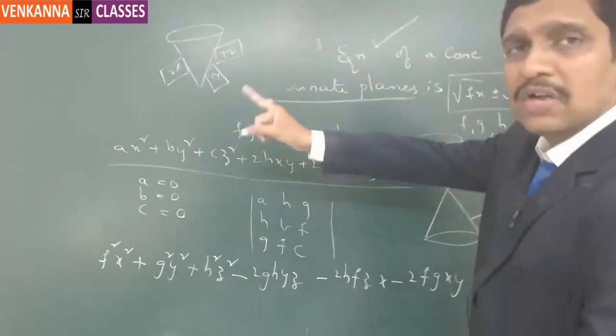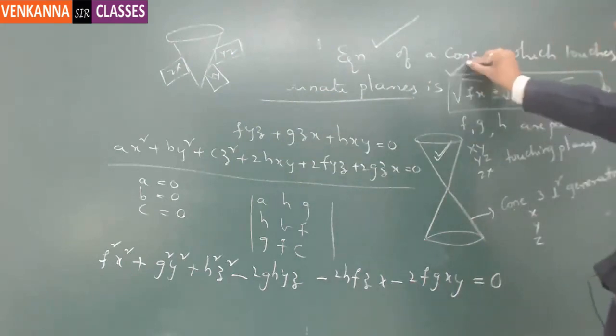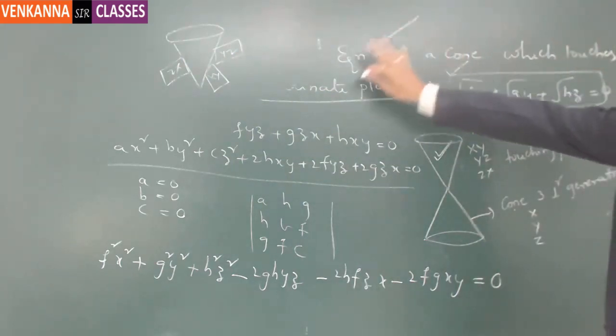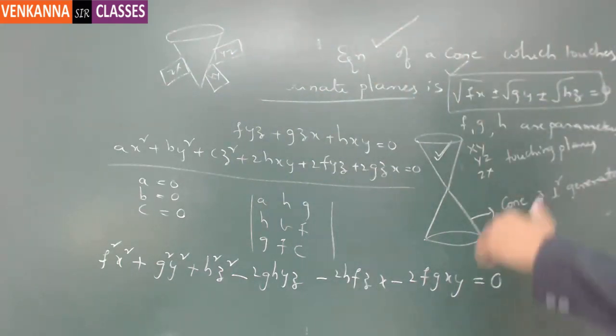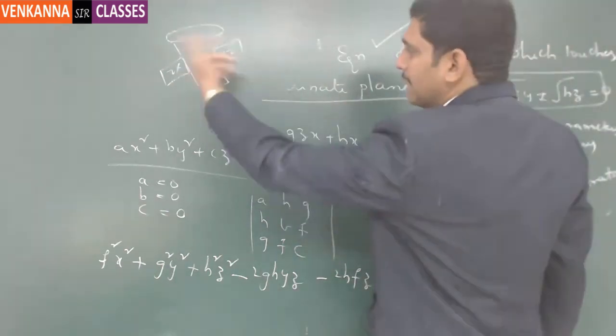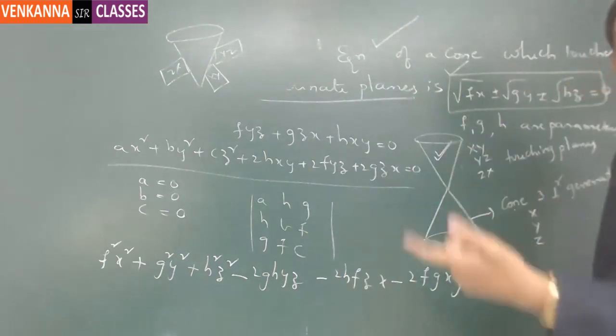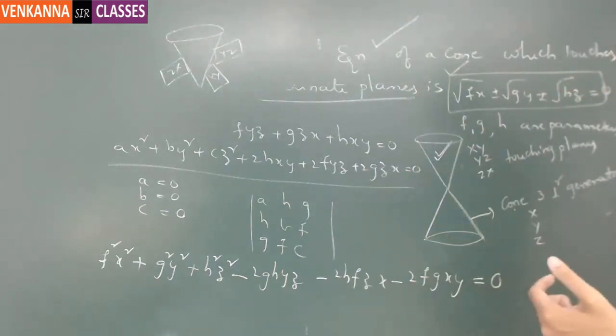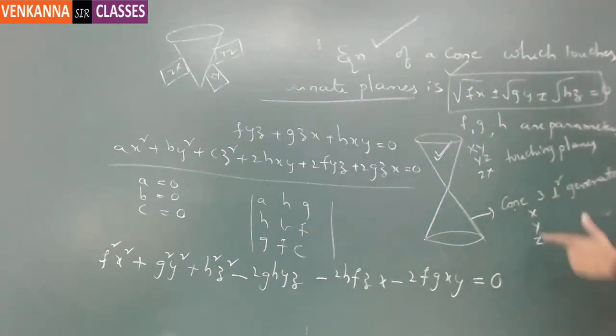And the equation of the cone is nothing but this one that we need to prove actually. So instead of straight away taking a cone which is touched by the planes, I am considering the cone which is passing through the three coordinate axes.